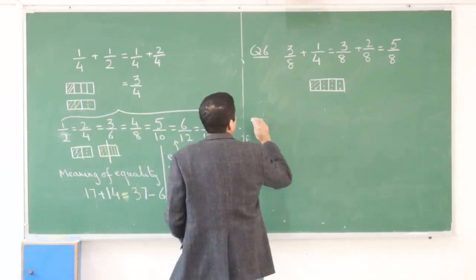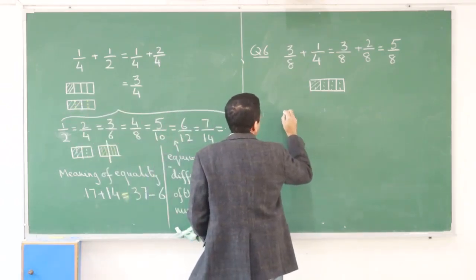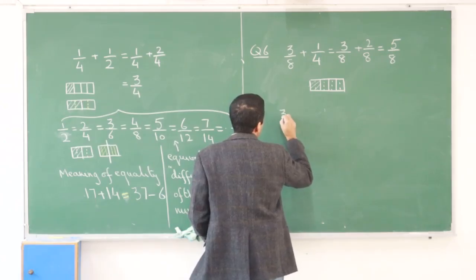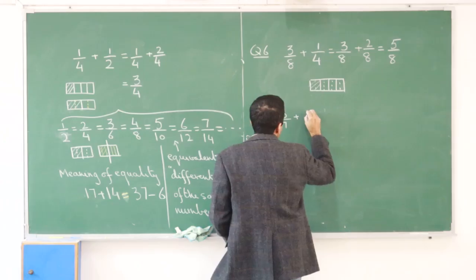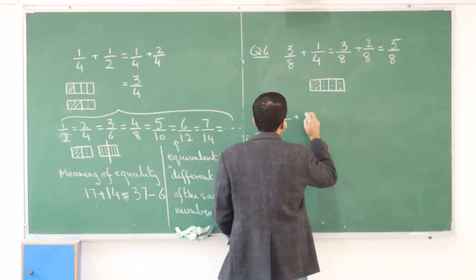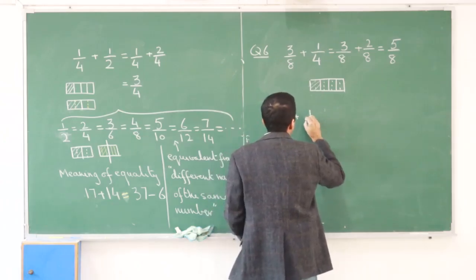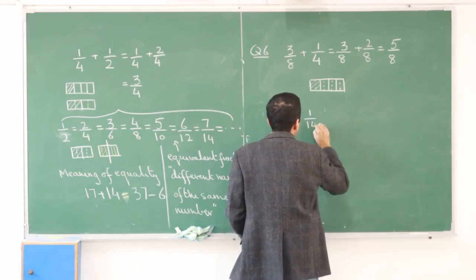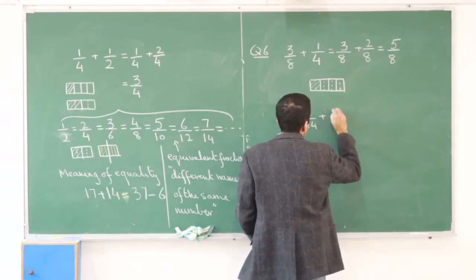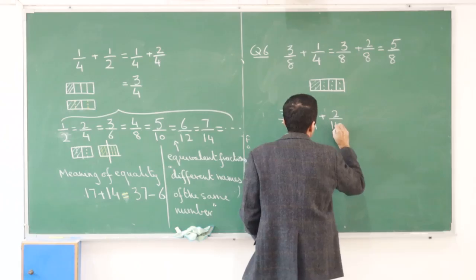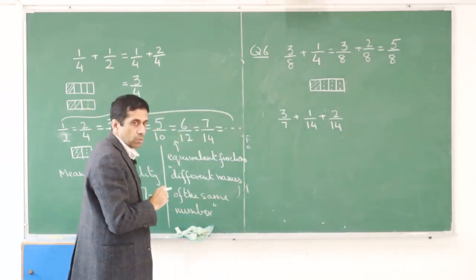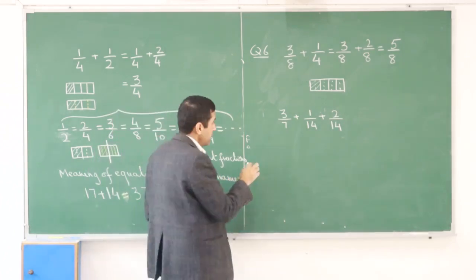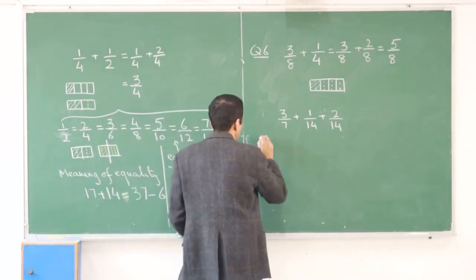Similarly, you could do another question, where you add multiple times. So let's do 3 over 7 plus 1 over 14 plus 2 over 14. What will you do with a seventh?